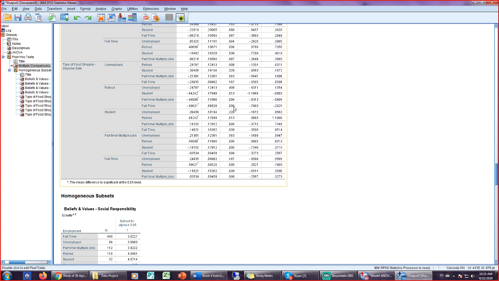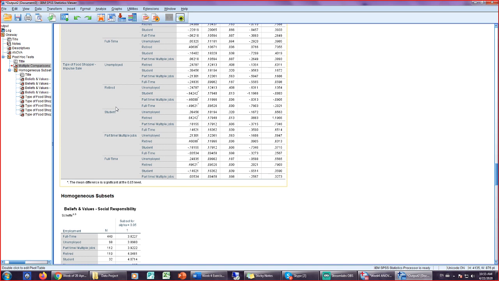So what we can say is that retired folks are significantly less likely to buy stuff on impulse just because it's on sale compared to students, people with part-time or multiple jobs, or full-time.